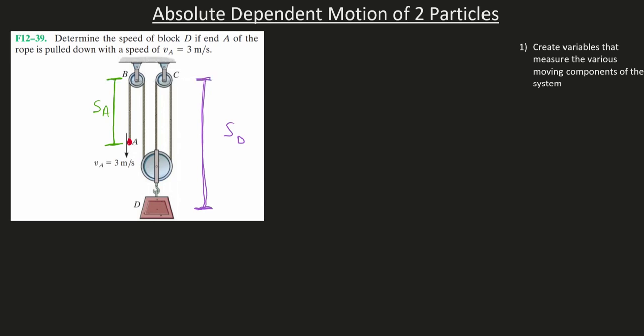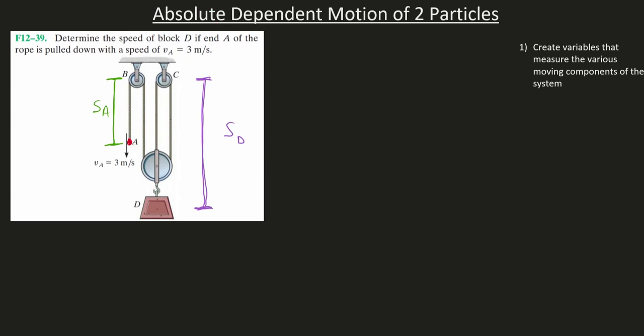Well, why didn't you pick this? You'll see. There's a reason for that. But just make sure you're measuring these position variables from an origin that's not moving. This is that absolute term right here. Absolute means measuring something based on an origin that's not moving.